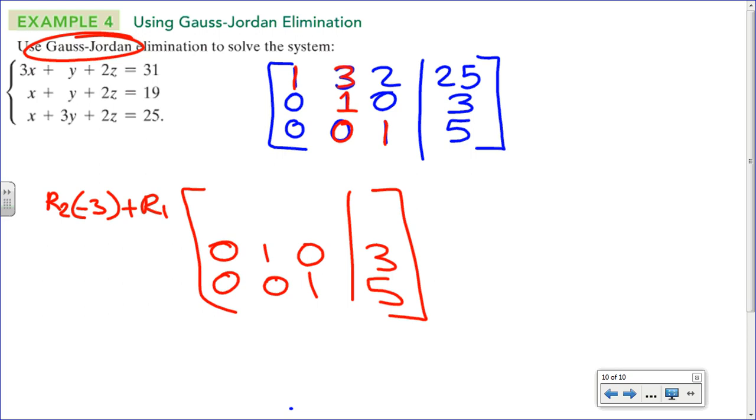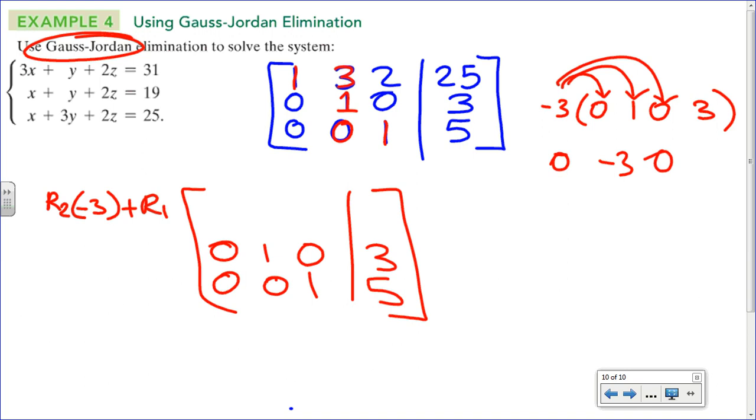R2 times -3: -3 times 0 is 0, -3 times 1 is -3, -3 times 0 is 0, and -3 times 3 is -9.